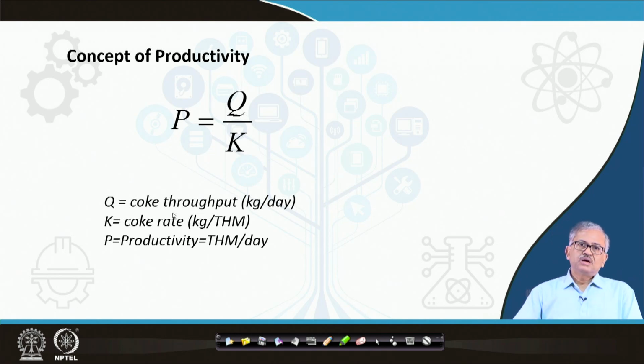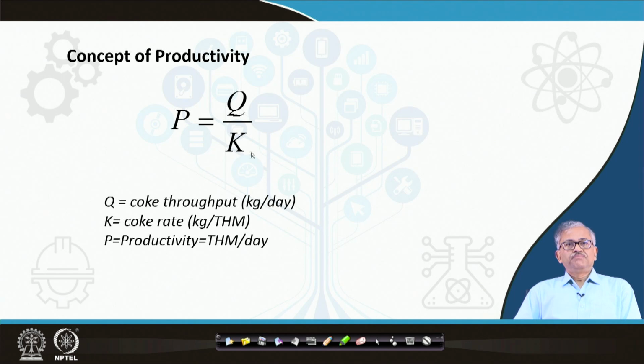You can write productivity in the form P = Q/K, where Q is the coke throughput, that is the kg of coke that you burn per day, and K is the coke rate, that is the kg of coke used per ton of hot metal. Here the rate is not with respect to time but with respect to the hot metal.